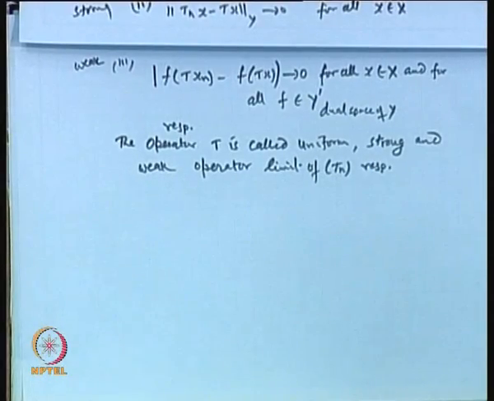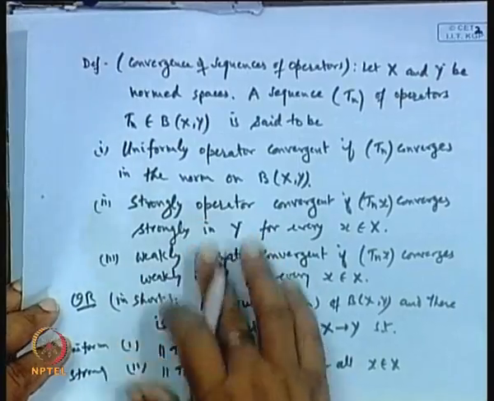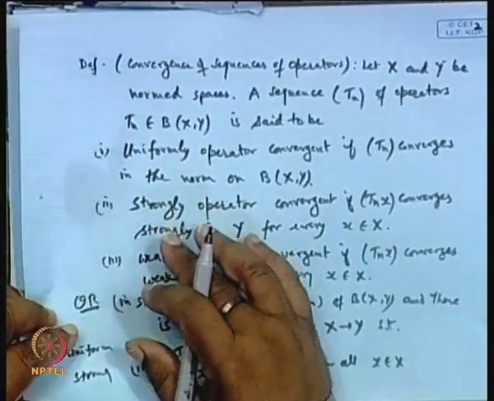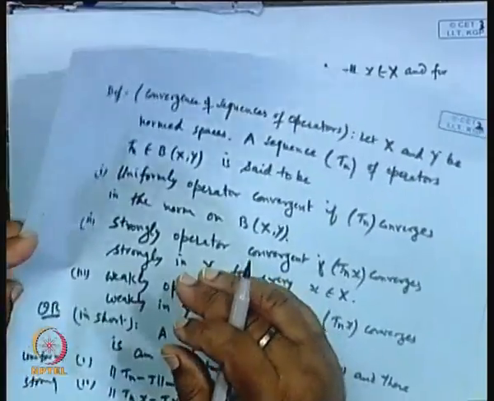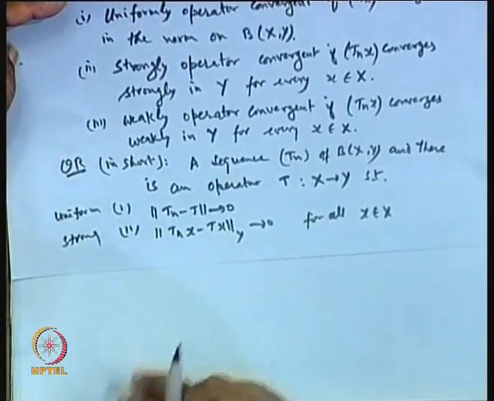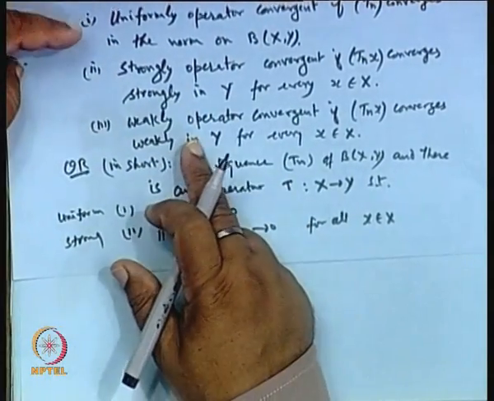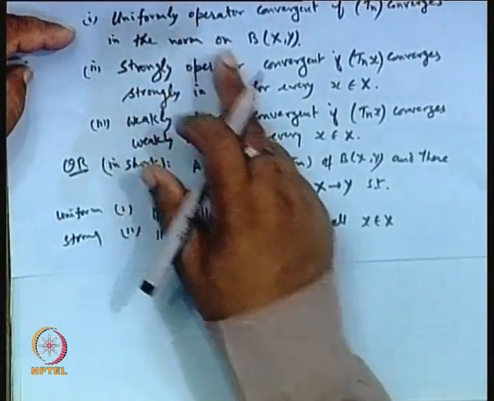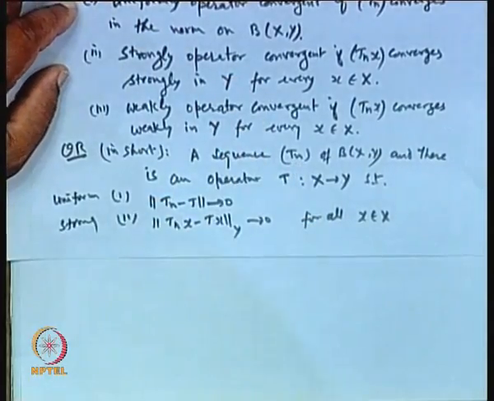Clear? So, now we have seen the 3 ways the convergence of a sequence of operators is defined: uniform operator, strong operator and weak operator convergence.